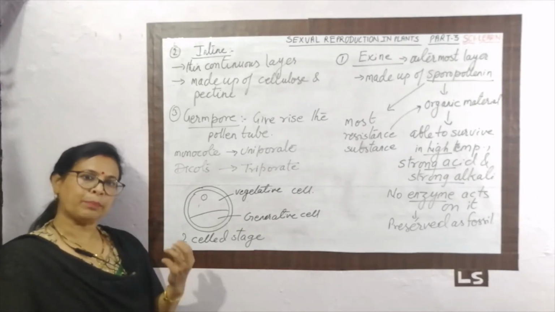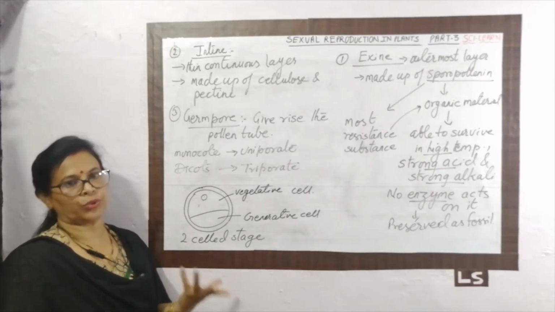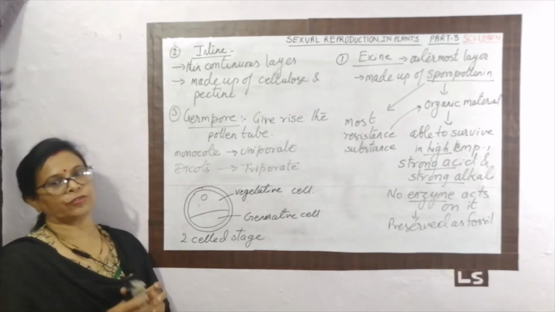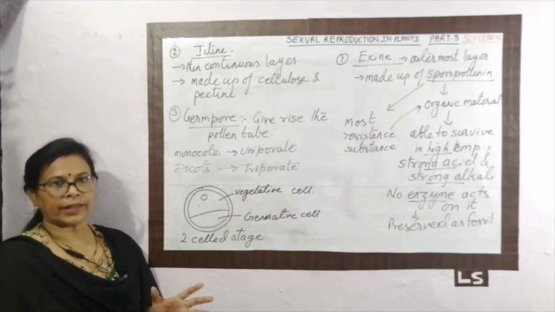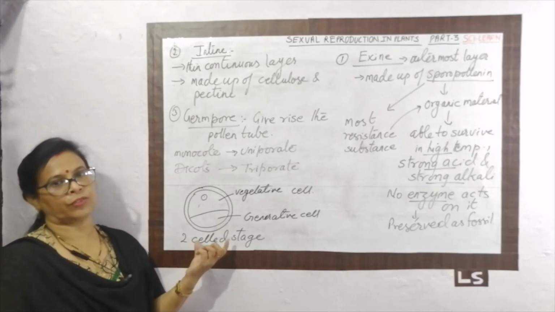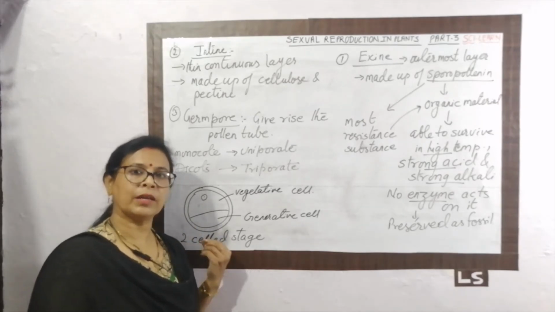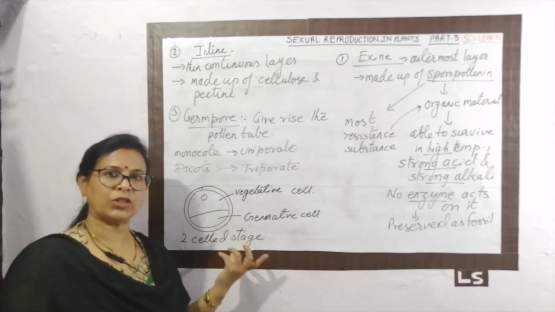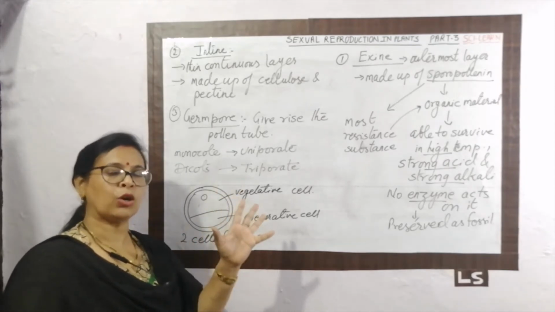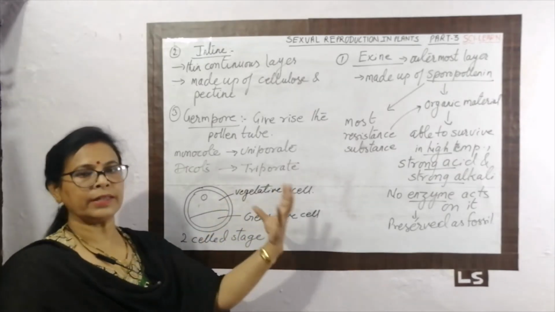The pollen grain separates from the anther and comes out after maturity. In 60% of angiosperms, the pollen grains come out at this stage only. At maturity, the anther dehisces, or breaks down, and all the pollen grains separate out.